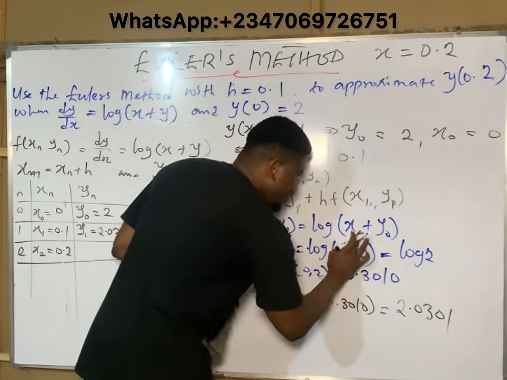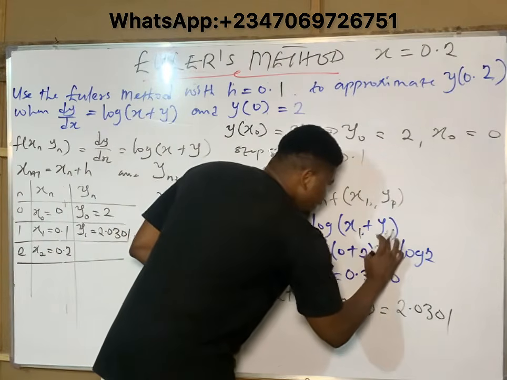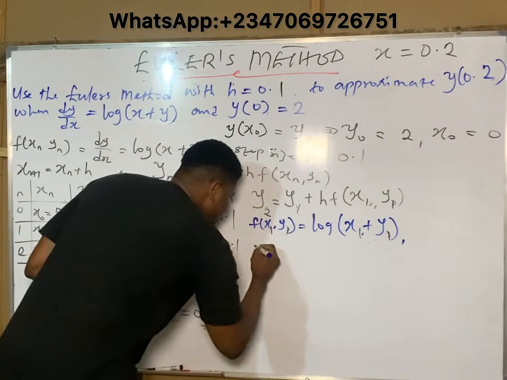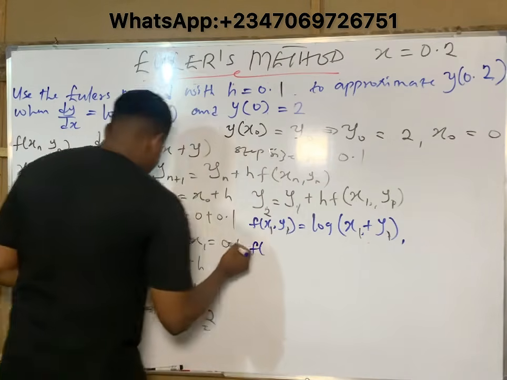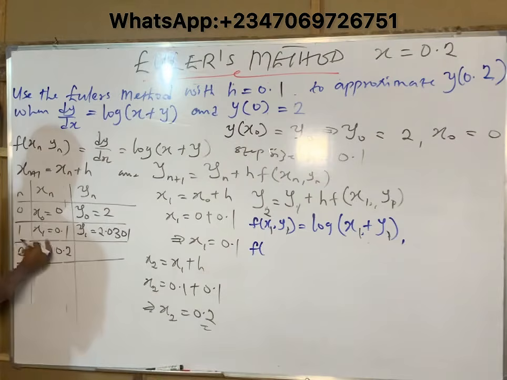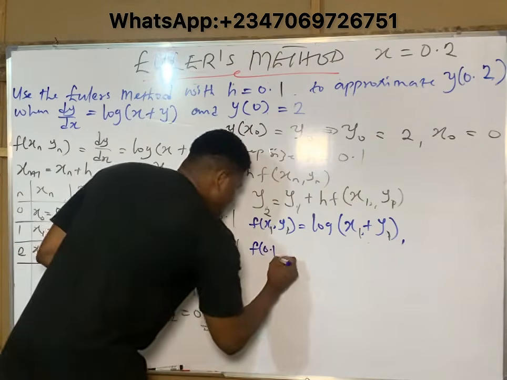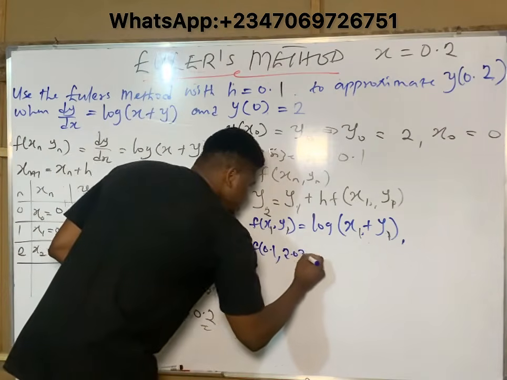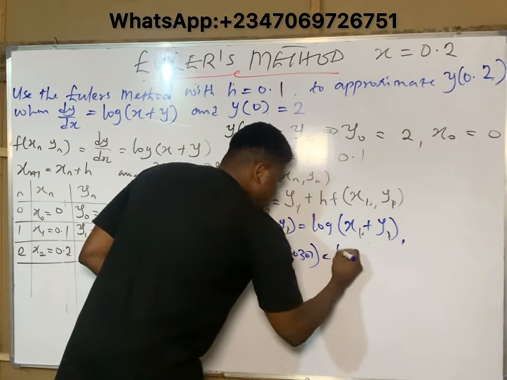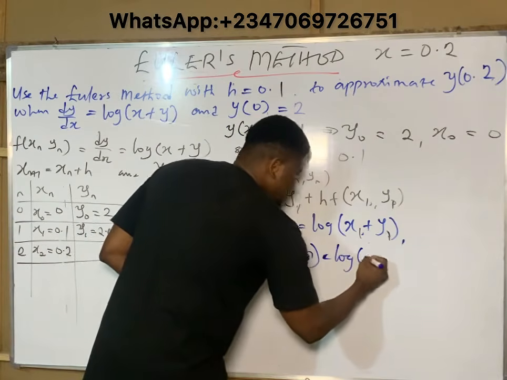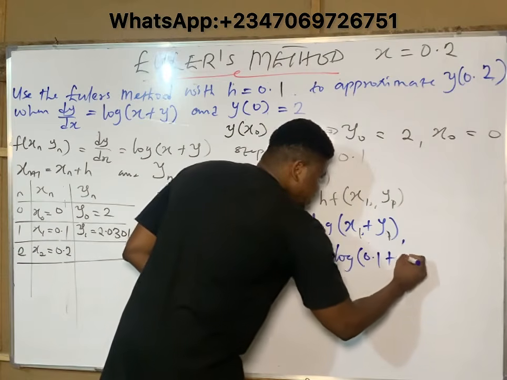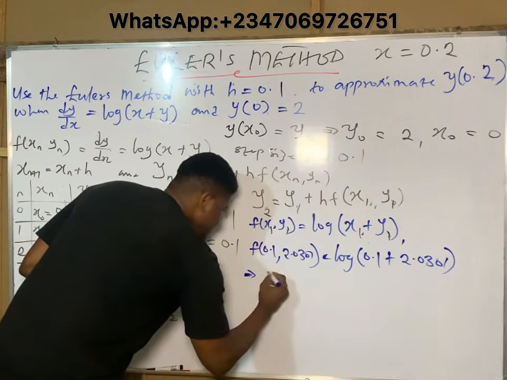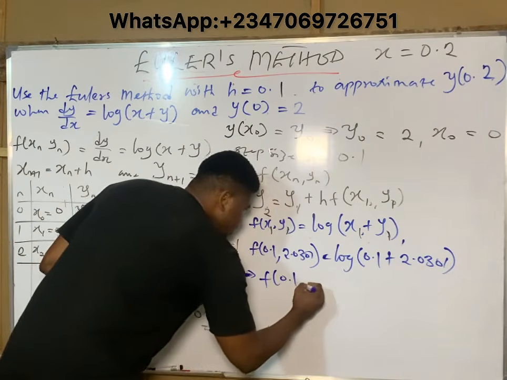So this is now going to be log of x1 plus y1. Okay. So this becomes f of x1, y1. We have the value of x1 to be 0.1. So f of 0.1, comma, y1, which gave us 2.0301, is going to be log of x1, which is 0.1, plus 2.0301.